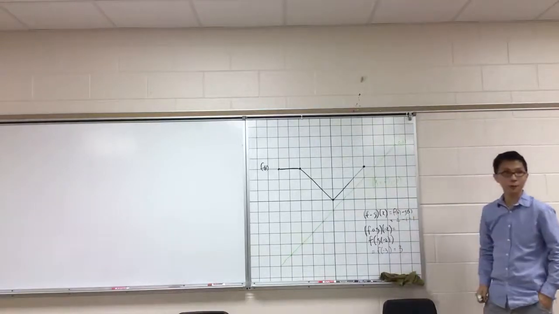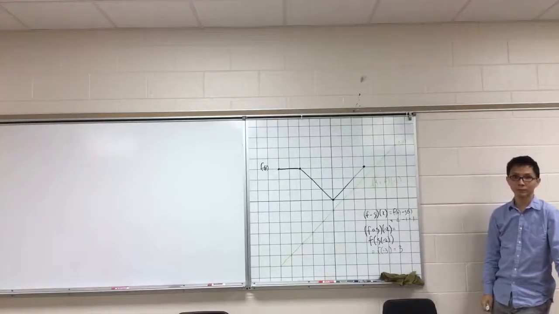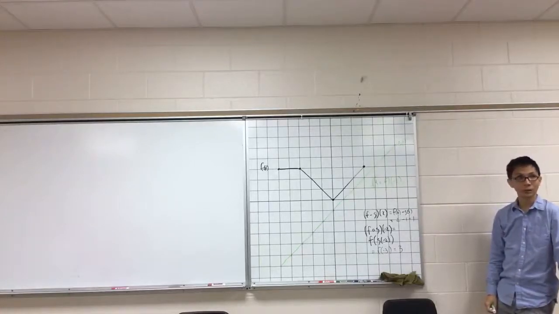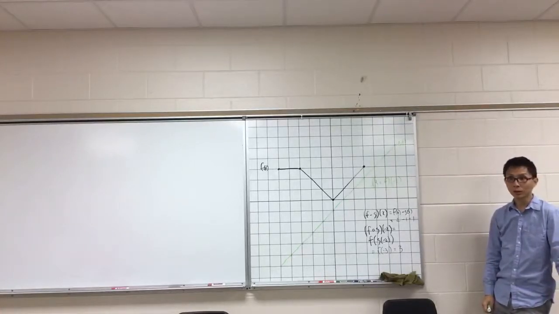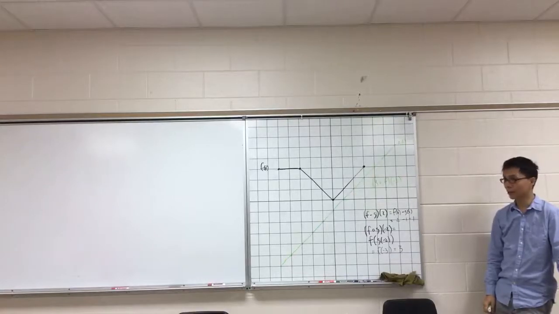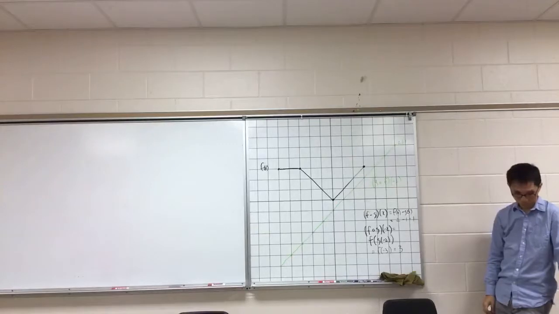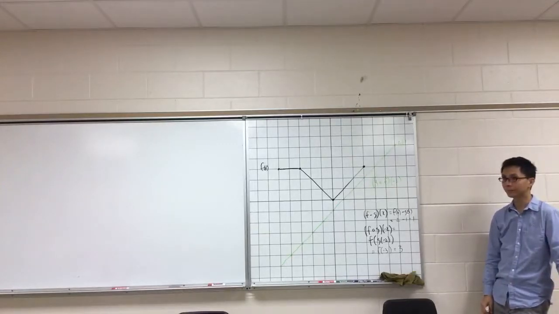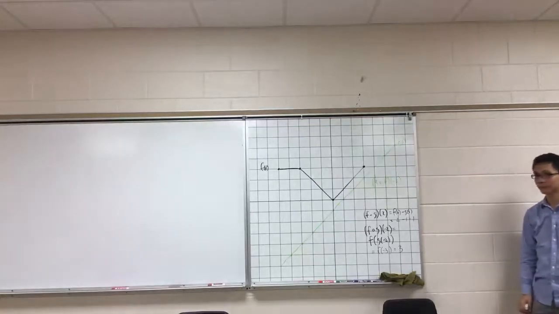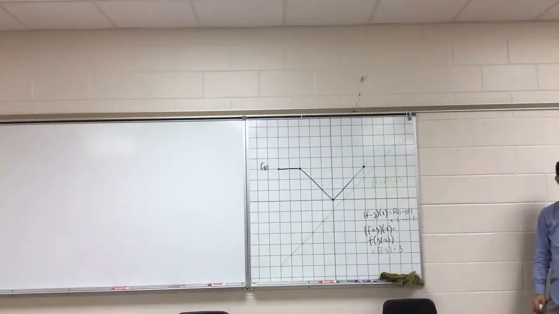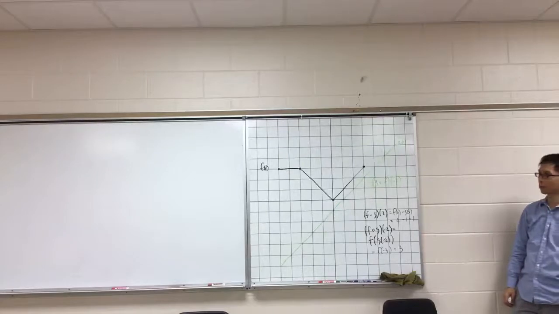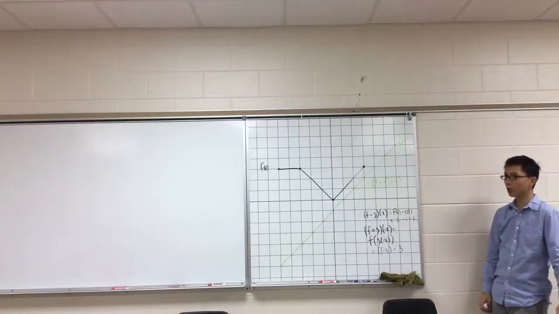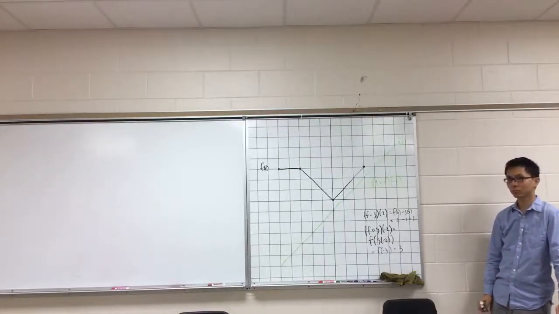What is g of f of -2? Don't shout it. I don't know if you have the right answer, but I want you guys to think before you shout it. This is the easy part of the test, but a lot of people screw up. g of f of -2.